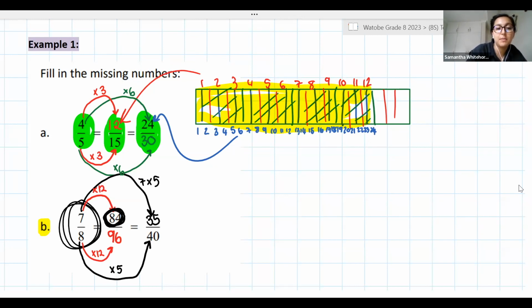So you've swapped the numbers around. You've misread. It's not 48, it's 84. So you had to see 7 times what gives you 84, not 48. Yes, ma'am, I understand now. Okay, good, well done.